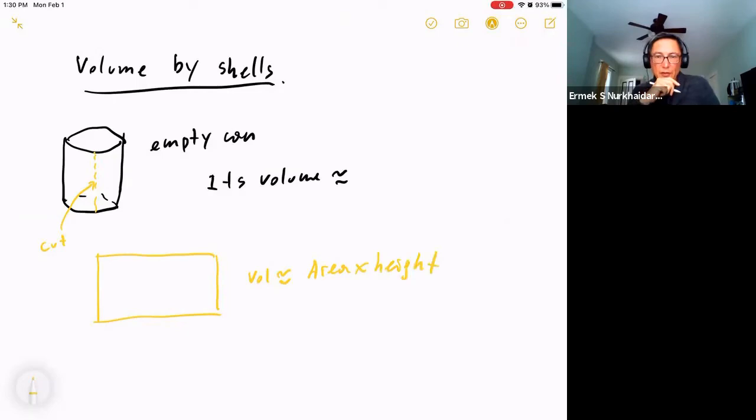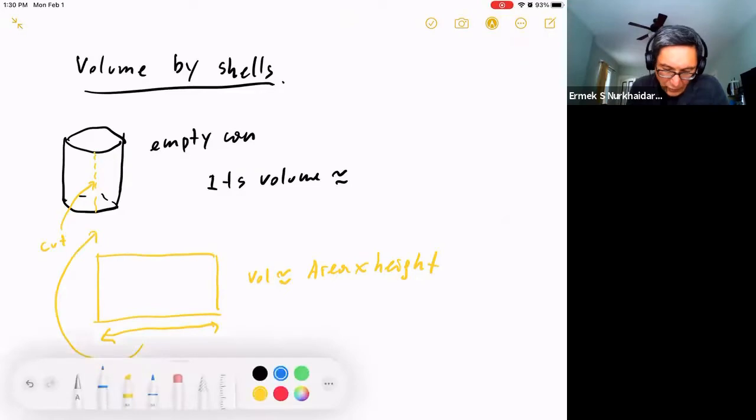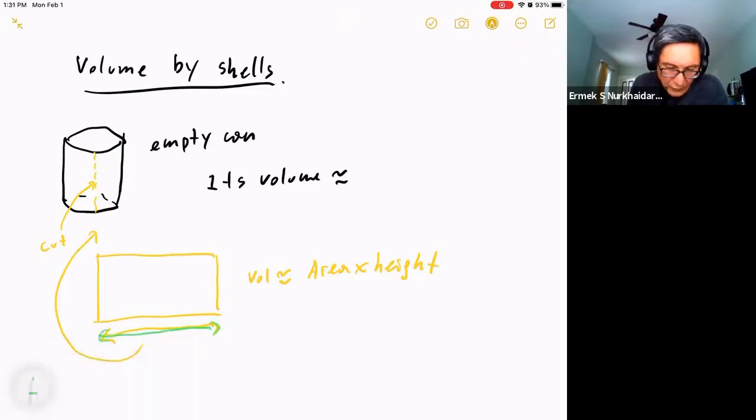So let's calculate that. We have this side. Now, if you look at the original picture, this side corresponds to the original circumference, and you recall that is 2 pi r.